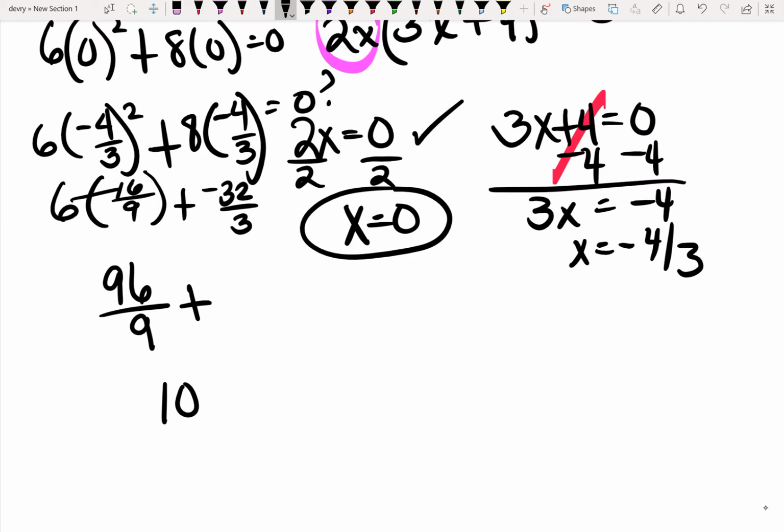It gives me 10 2/3. Okay, and then from that we're going to take the 32 and we're going to divide that by 3. And that gives us 10 2/3. Positive of the same, minus of the same equals 0, checks out. Alright.